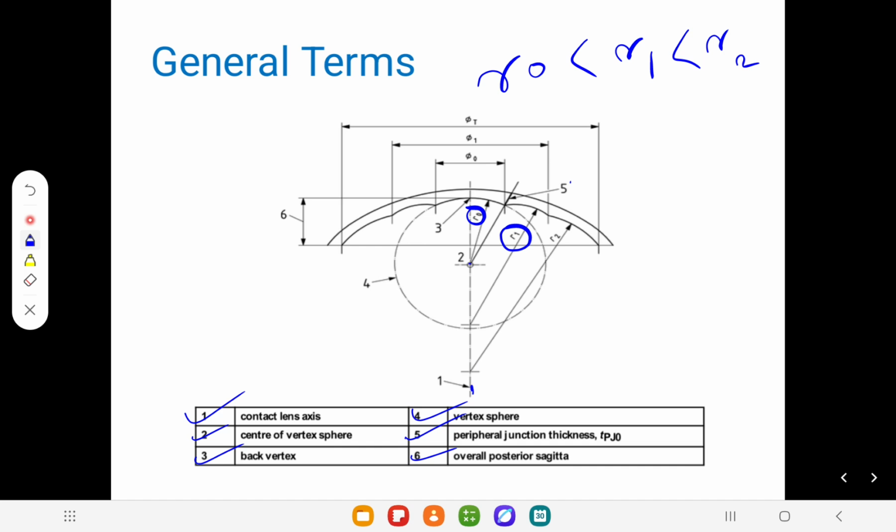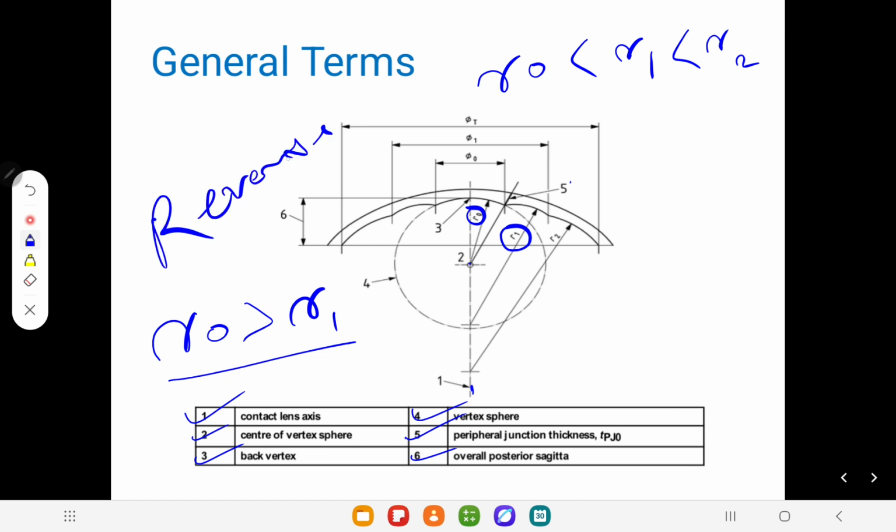But what happens if r naught is flatter than r1? That's where we call it reverse geometry contact lens, because it's not like the regular one.